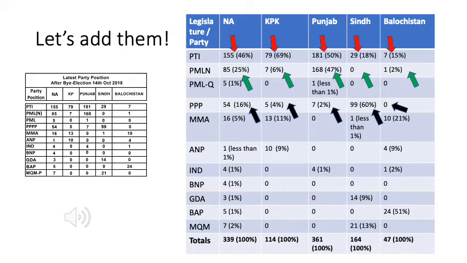If there was no relationship between the variable of legislature and party, then the distribution would be the same for each party. Then the PTI should get about 46% of the seats in the National Assembly, in KPK, in Punjab, Sindh, and Baluchistan. It would be the same across each province. The location of the legislature would make no impact on the percentage of seats. But clearly it does. So there is a relationship between these two variables.